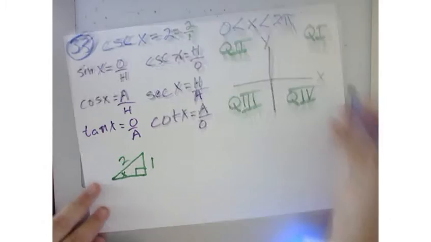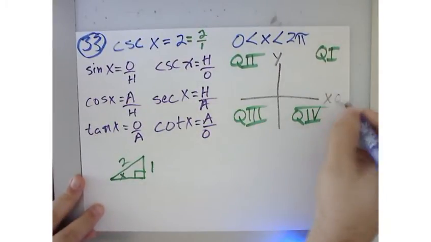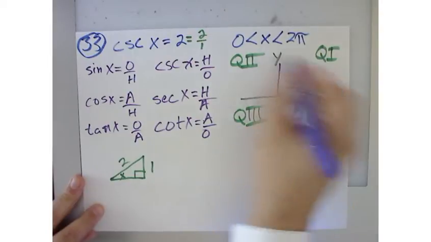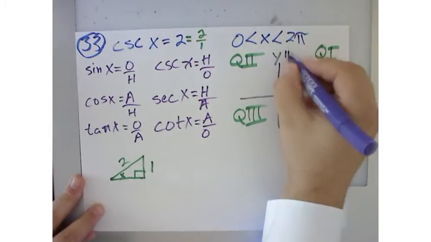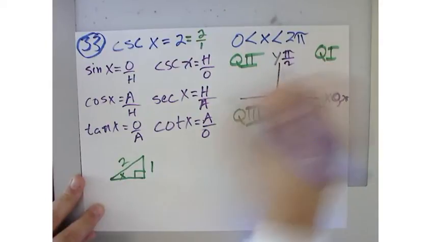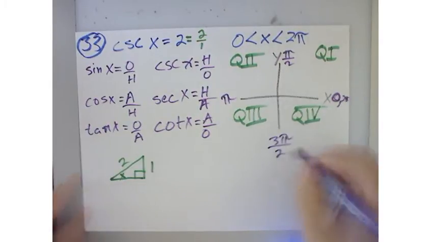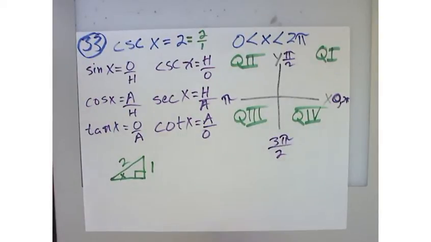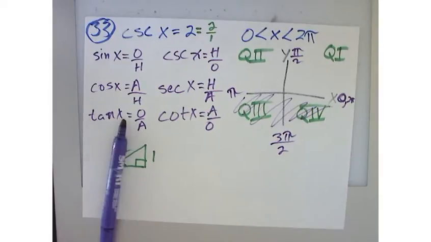When we say 0 to 2 pi, we're talking about one full revolution. So this is 0, and if I swing all the way around, it becomes 2 pi. This is pi over 2, this is pi, this is 3 pi over 2, those 90-degree angles. I'm totally ignoring these. So what I have then is 2 triangles.